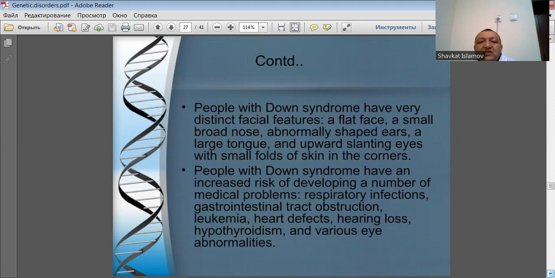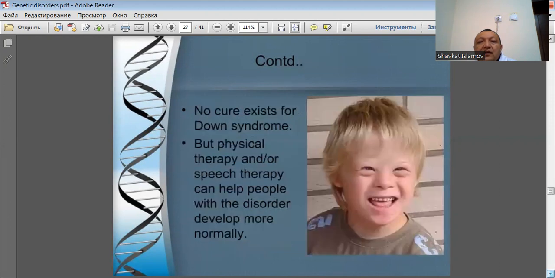They have an increased risk of developing a number of medical problems: respiratory infection, gastrointestinal obstruction, leukemia, heart defects, hypothyroidism, and other abnormalities. No cure exists for Down syndrome, but physical therapy and speech therapy can help people with the disorder develop more normally.